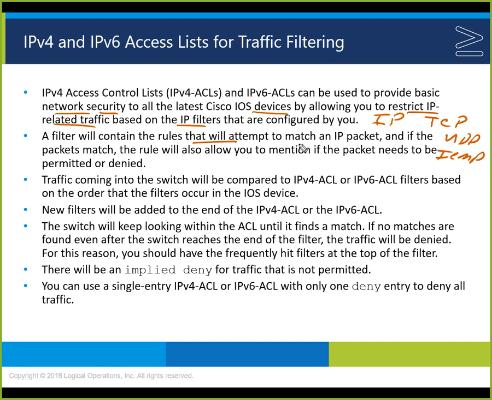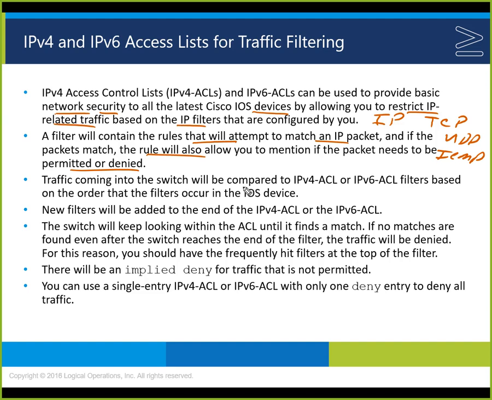Filter container rules attempt to match the IP packet. If the packets match, the rule will also allow you to mention if the packet needs to be permitted or denied. And I like this: it will allow you to mention. You have to give a permit or deny statement on it.